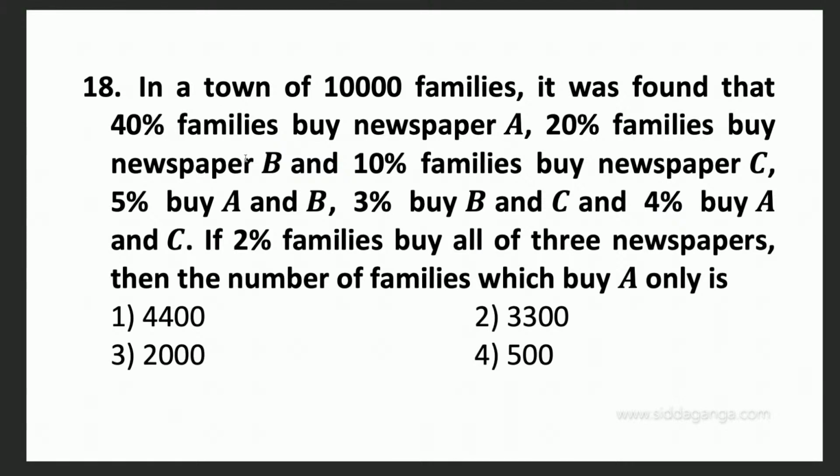Then 5% buy A and B, N of A intersection B, 5% of 10,000 is nearly equal to 500. 3% buy B and C, N of B intersection C, 3% of 10,000, that means 300. 4% buy A and C, N of A intersection C, 4% of 10,000 is nearly equal to 400. 2% of the families buy all three, N of A intersection B intersection C, 2% of 10,000 is nearly equal to 200.